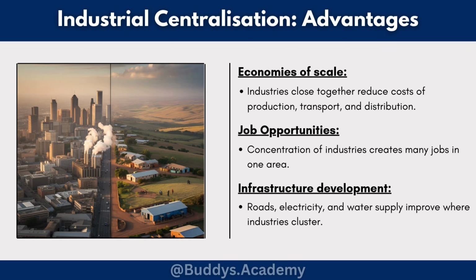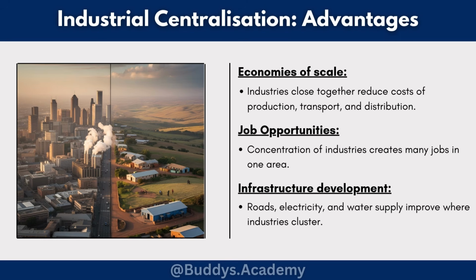So what are some advantages of your centralization? Firstly, you can have your economies of scale. That means that industries close together are going to reduce costs of production, transport and distribution, right? Secondly, you can have your job opportunities. So concentration of industries are going to create many jobs in one area. Thirdly, infrastructure development.